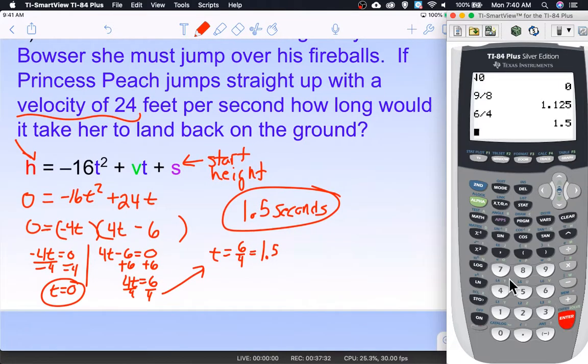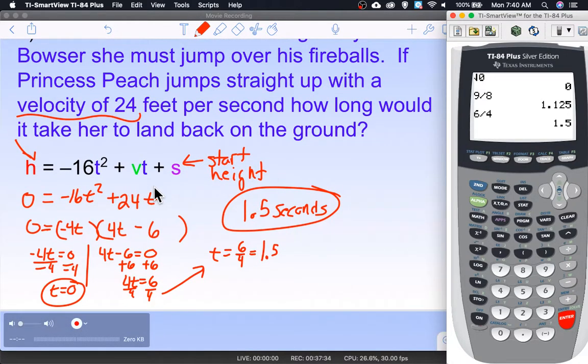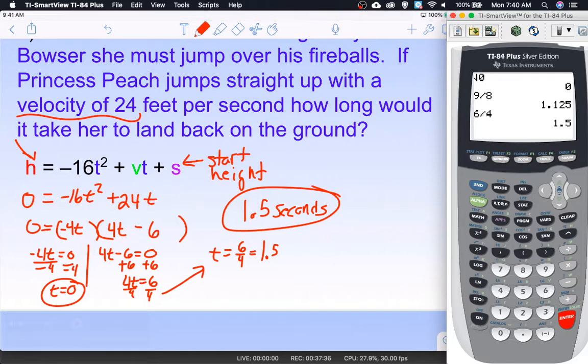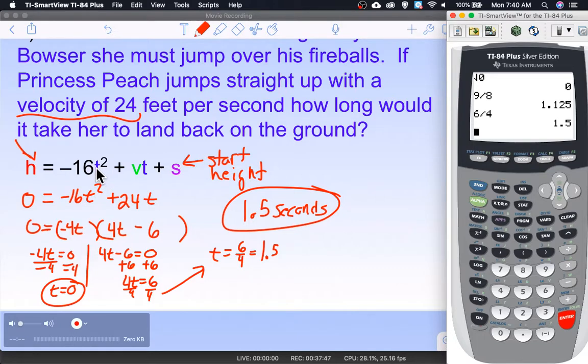And by the way, this formula that is here is not a made-up formula. This is the exact same formula that you will use in physics class, and that physicists use to calculate, if you ever hear of somebody dropping a bowling ball off of a building. This is the formula that talks about gravity, this negative 16t squared. That's your gravity.